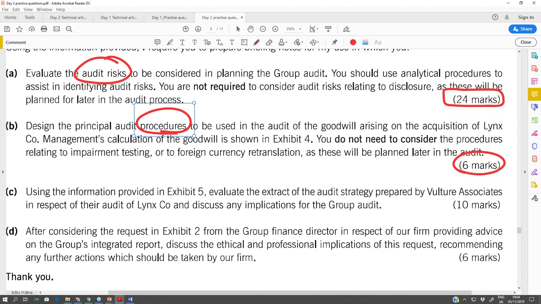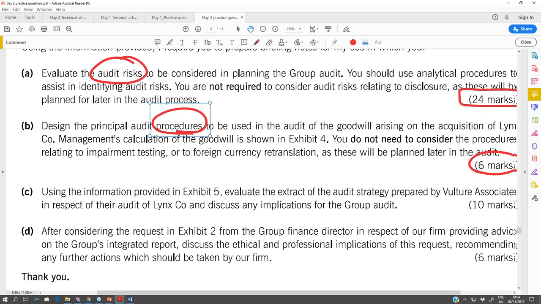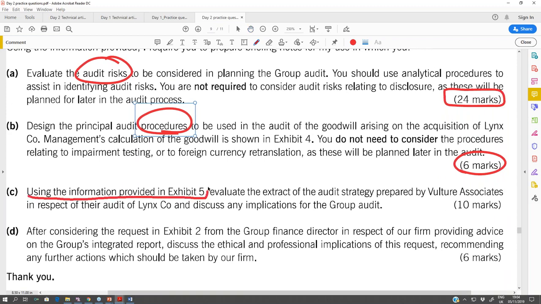Then comes the C part: using the information provided in exhibit 5. So a very specific exhibit 5, just like the June 19 paper where we were looking at exhibit 5 as well.